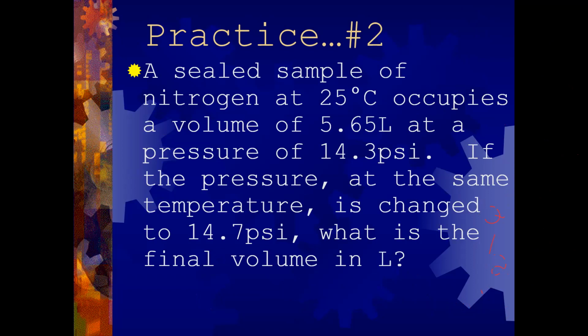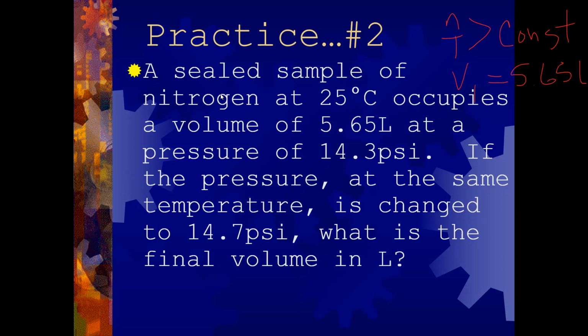Okay, so once again, it's sealed. So that means that the number of moles, so N and T, are constant, right? So I just put const like that. So we know that the pressure one, volume one is first, 5.65 liters.